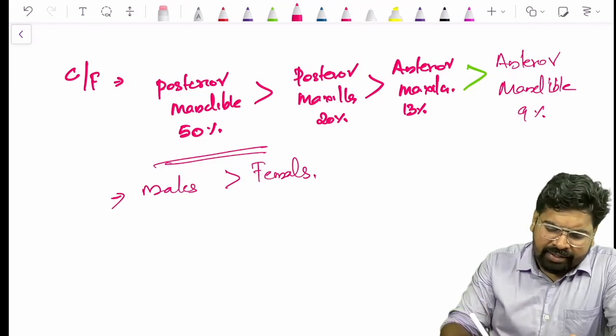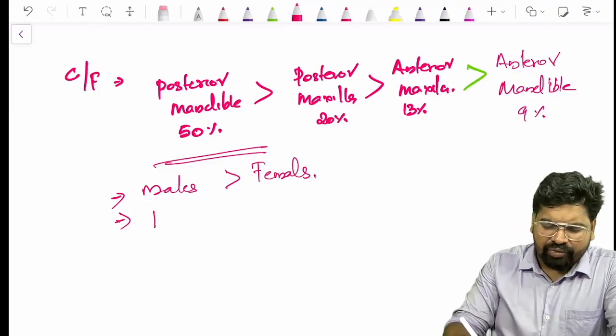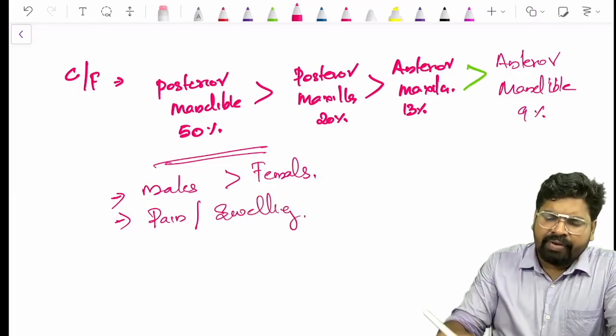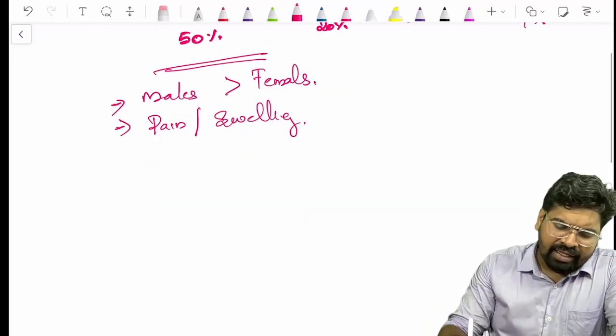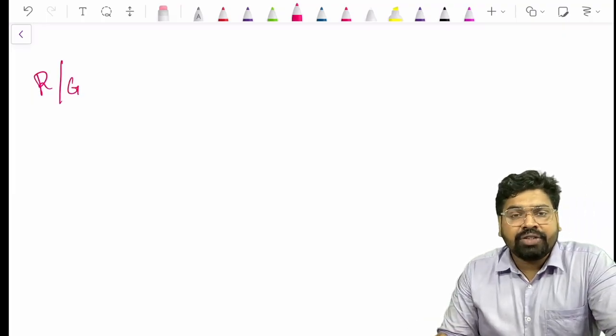Now this person will have swelling. Sometimes pain will be associated, pain or swelling will be seen. If you take the radiograph, what about the radiograph of an odontogenic keratocyst?